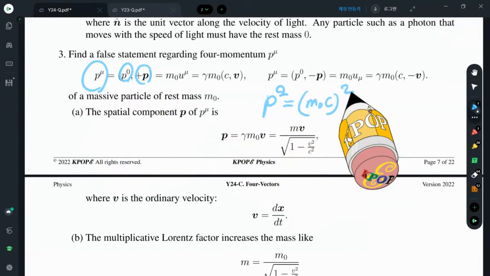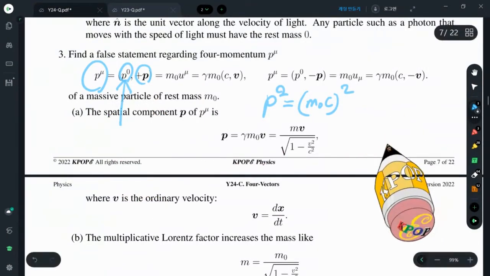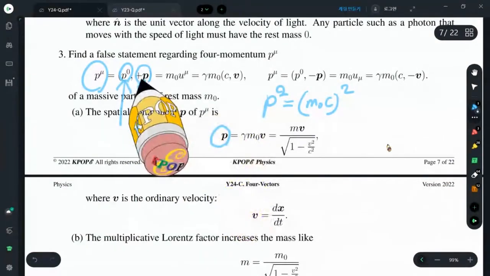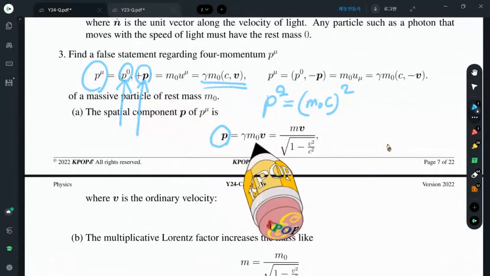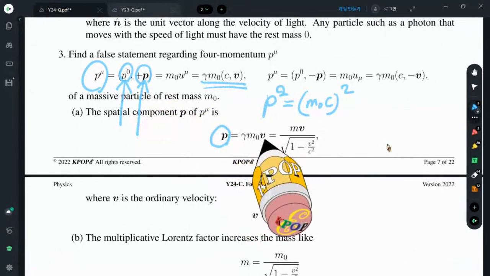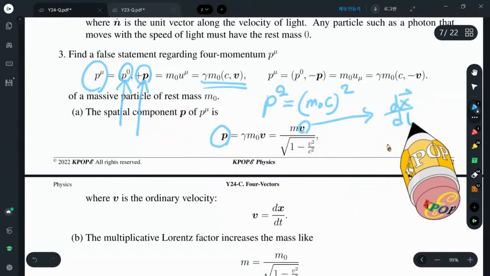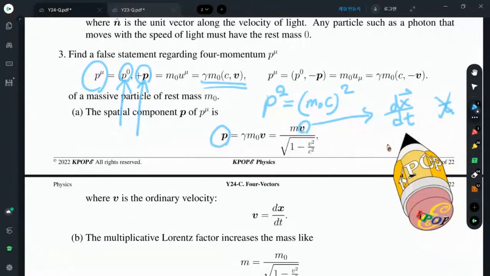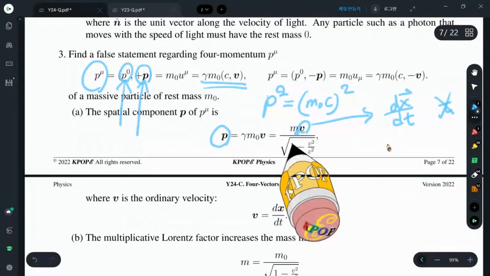Now, let us look into the meaning of the zeroth component. First of all, the spatial component P, if I copy this component, is gamma multiplied by m0 v. Here v is the usual velocity, the time derivative, not with respect to tau. And we have an m0 missing in here.